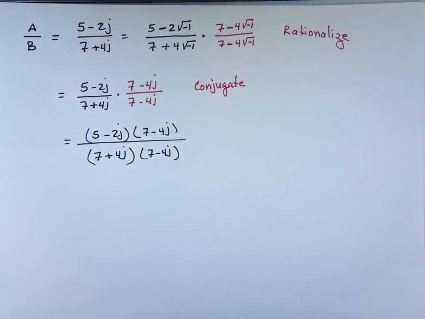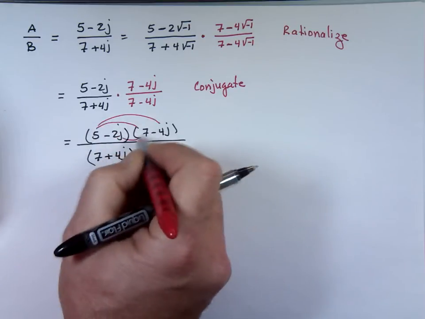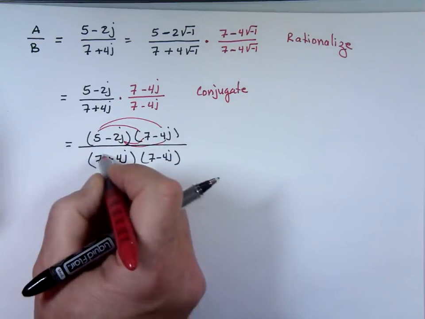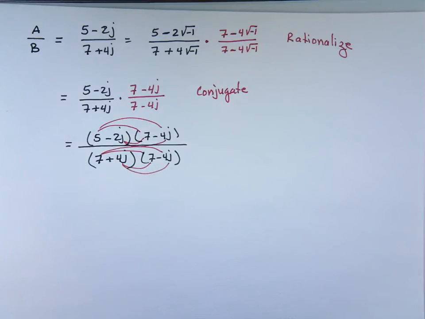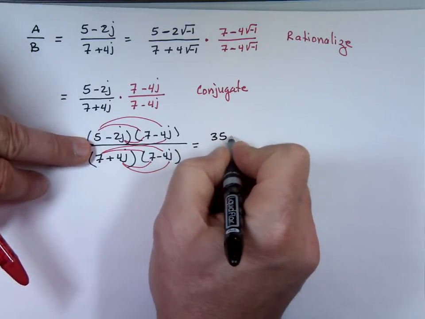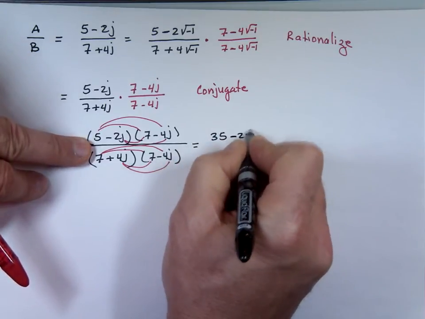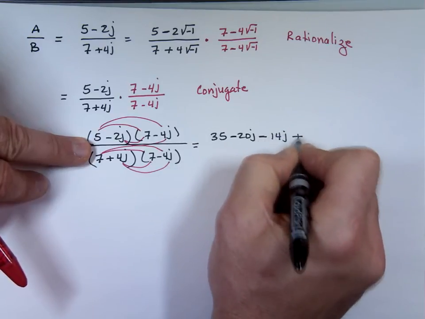Now let's FOIL them. 5 times 7 is 35, minus 20j, minus 14j, plus 8j squared.